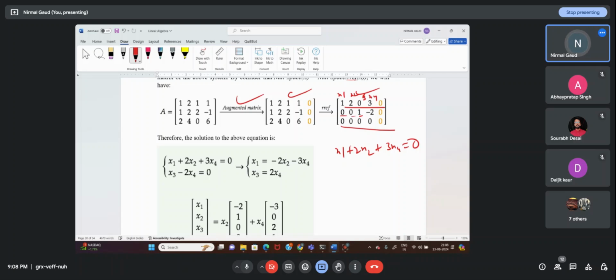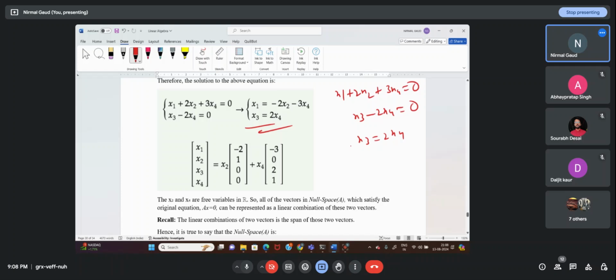For the x3 row, x3 minus 2x4 is equal to 0, so x3 equals 2x4. And x1 is equal to minus 2x2 minus 3x4. I can express x1 like this.